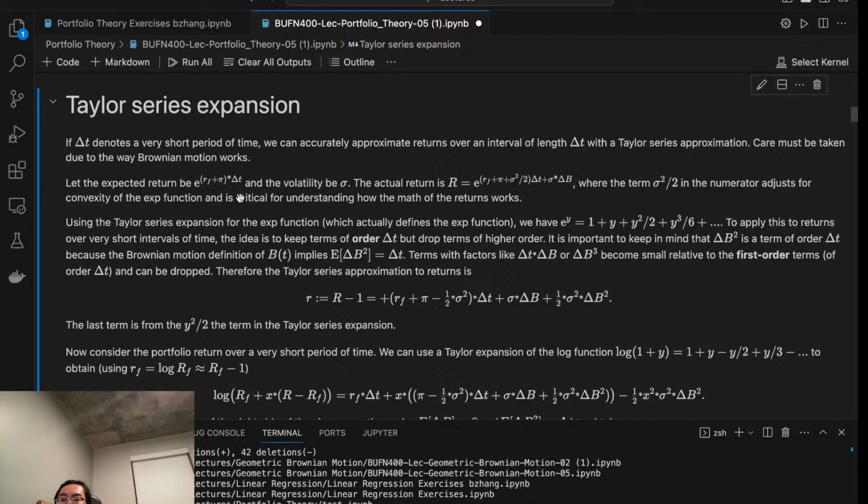So the expectation of a Brownian motion process then is just... so it's the Brownian motion.